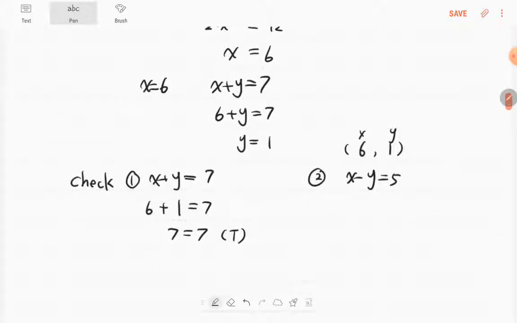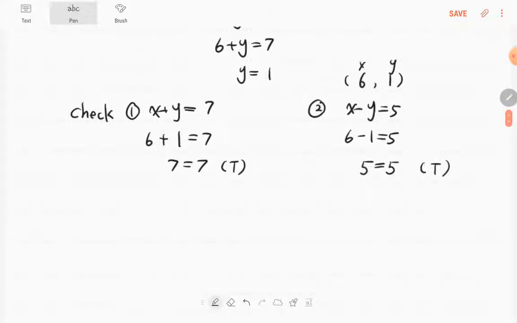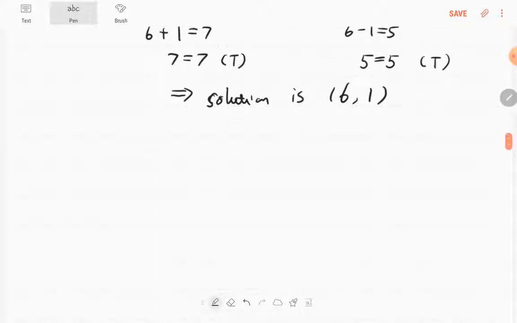We still do the same thing. Use 6 to replace x, and y should be 1. Then the left side is 5 and the right side is also 5. So this one remains true. After we check both equations, we can conclude the solution is 6, 1. So this is the basic case of the addition method.